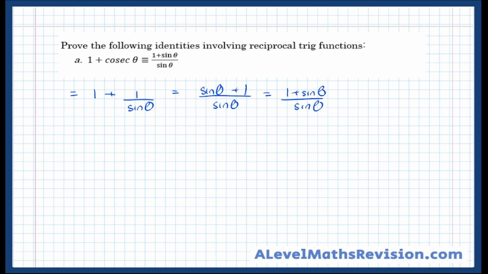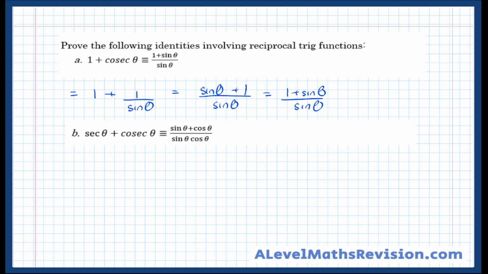And again, some really quite basic stuff for now, just to get you used to the sec, the cosec, and the cot of something. So there's the example there. You might have a good idea of how to do this, in which case pause the video, have a go yourself. But as always, I'll keep going. So 1 over cos theta is sec theta, plus 1 over sine theta is cosec theta.